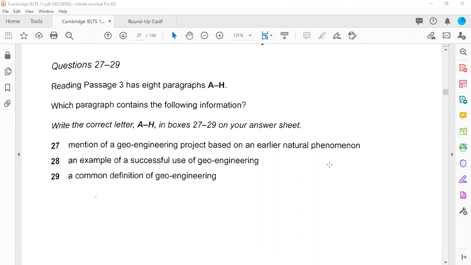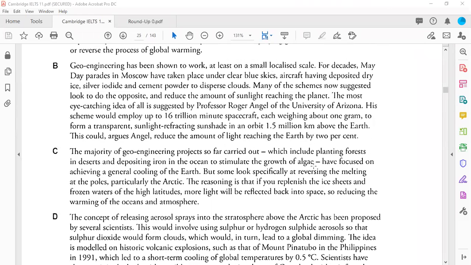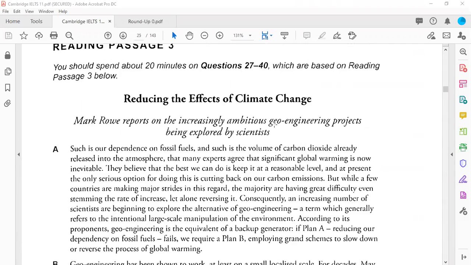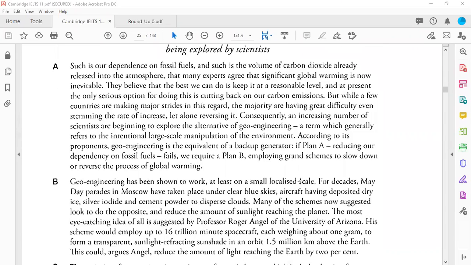Mention of a project. So they want us to tell them about a project based on... yeah, they're just talking about manipulating. They're not referring to a project in particular. Yes, and the question says project, and in number 8 there is no project. No, there's no project. You're right.